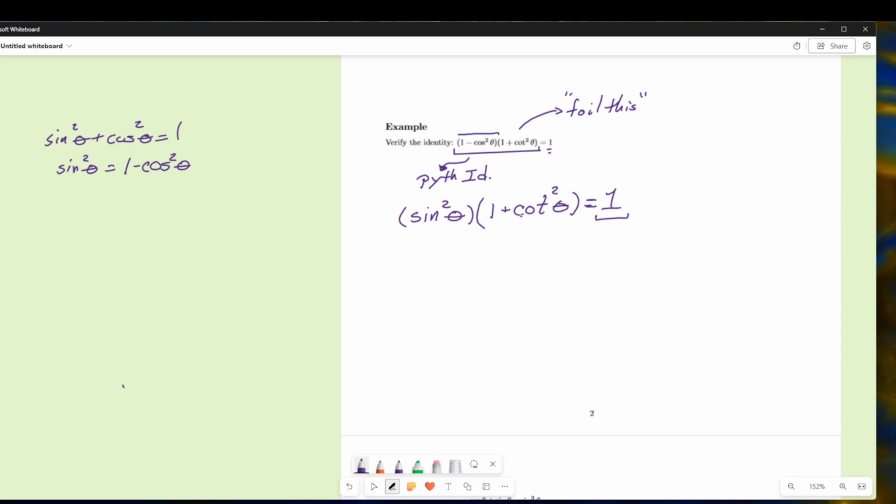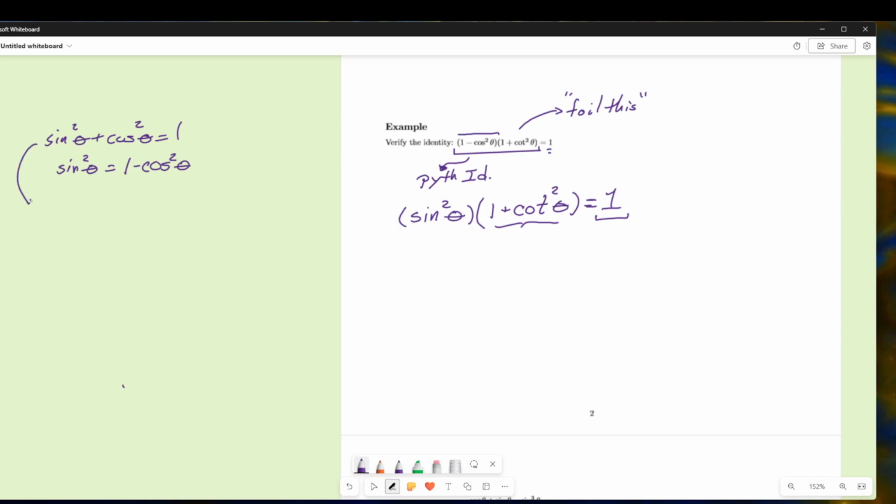So it might be nice if we had another Pythagorean identity that would help us manipulate the 1 plus cotangent squared. Anytime we see squared trigonometric functions, particularly with 1s around them, we should be thinking about those Pythagorean identities.